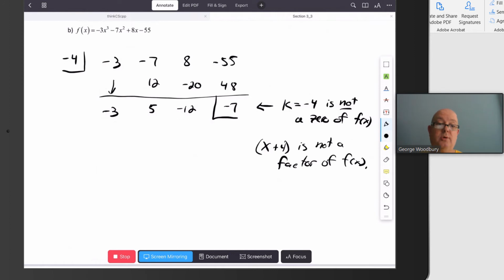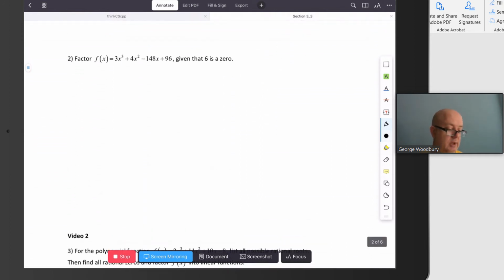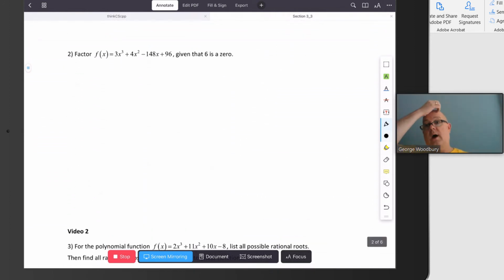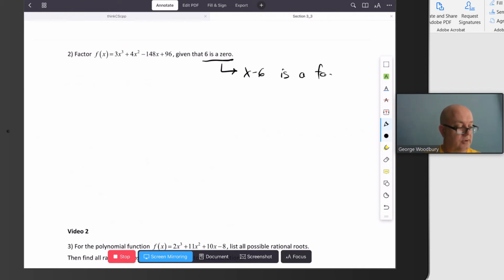Let's take a look at one more example in this video. I want to factor this polynomial function, 3x cubed plus 4x squared minus 148x plus 96, given that 6 is a 0. So again, 6 is a 0 tells me x minus 6 is a factor.